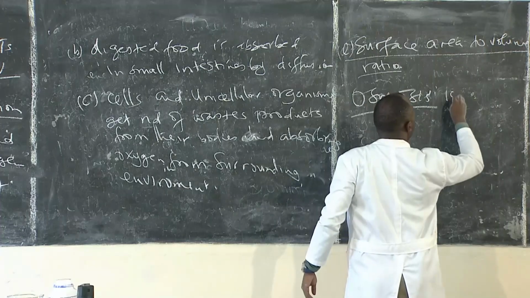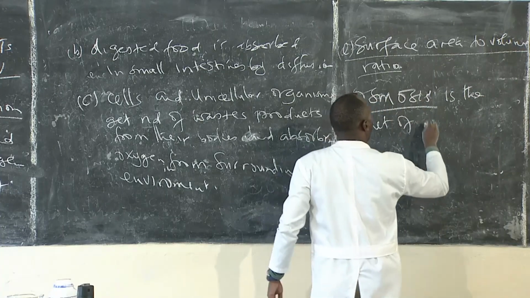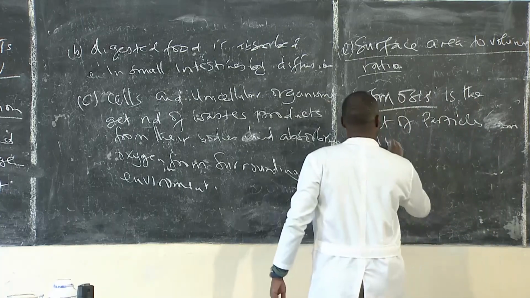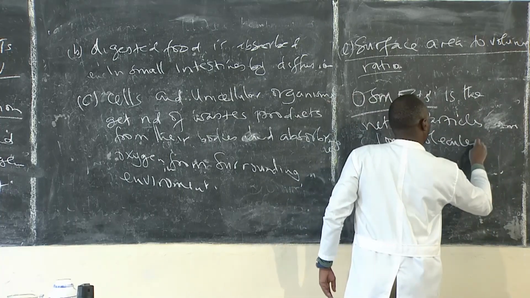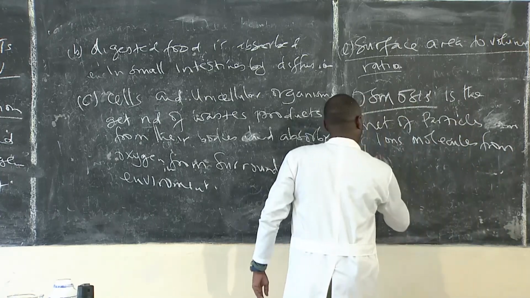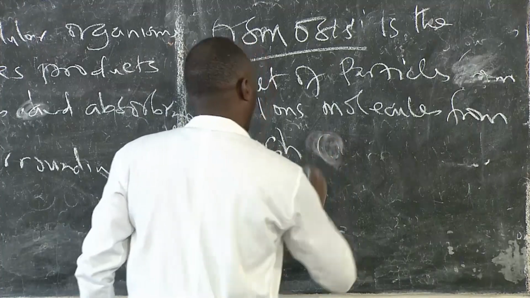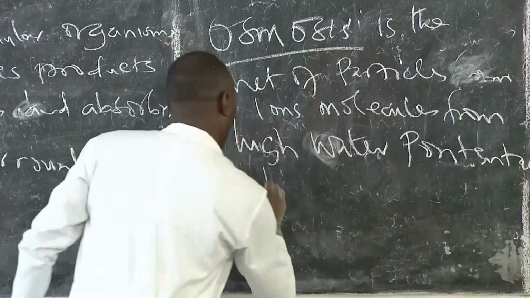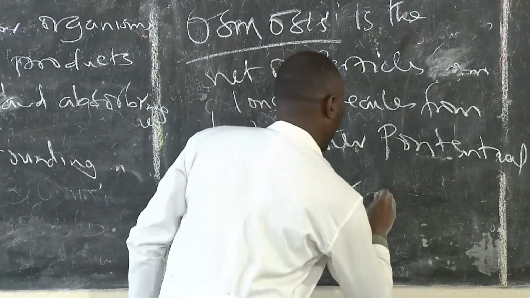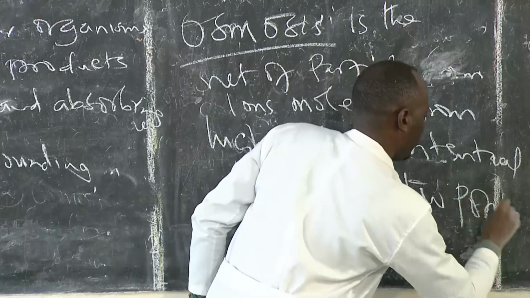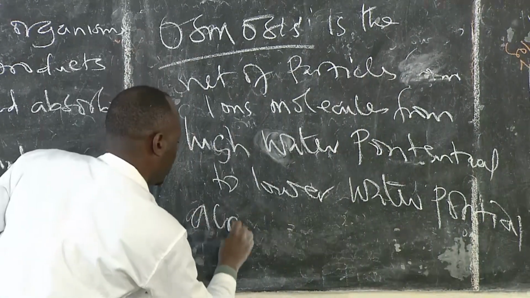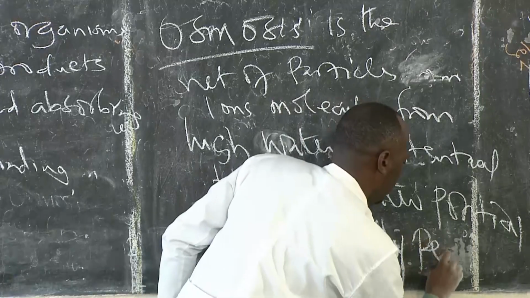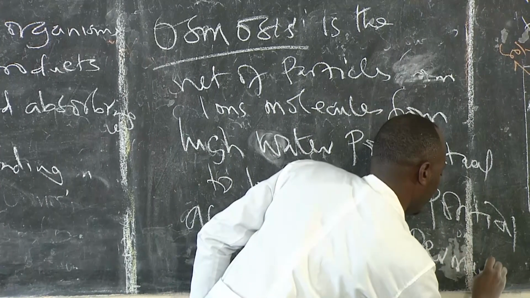The definition is: osmosis is the net movement of particles, that is ions or molecules, from a higher concentration, we can say from high water potential, to a low water potential across a partially permeable membrane.